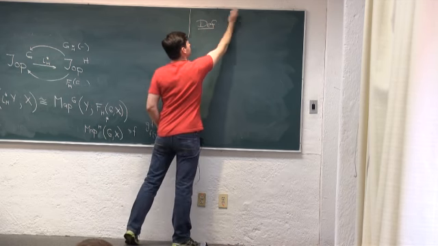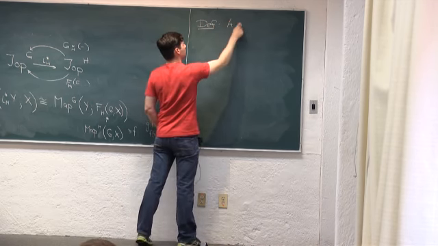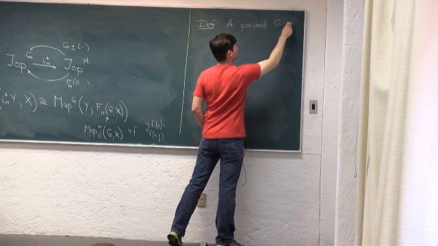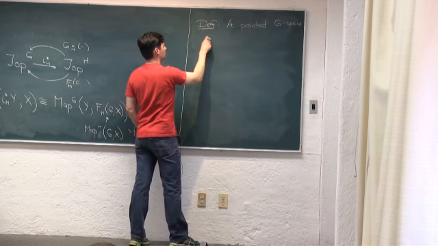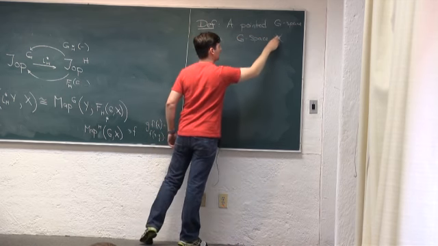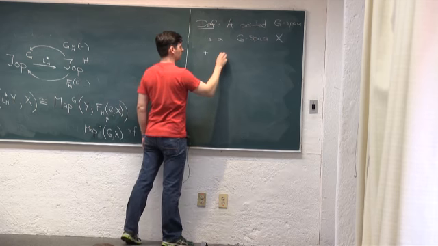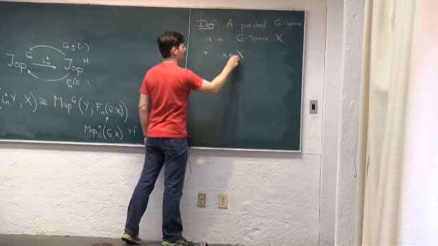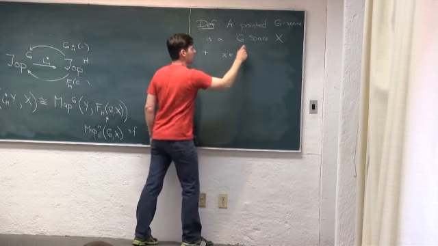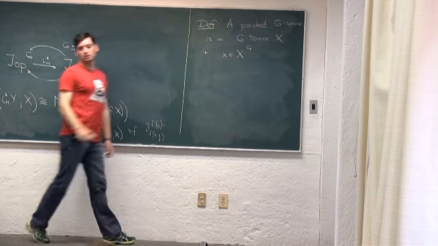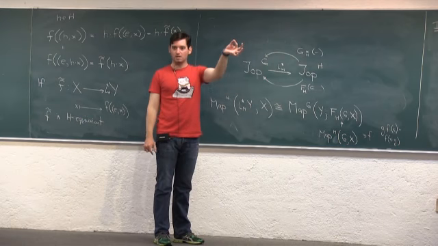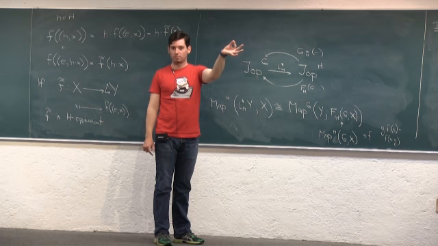I'm going to say that a pointed G space is a G space X together with a point little x that's in the G fixed points of X. So in other words, when I talk about a pointed thing, I've specified a base point, as always, but I want that base point to be fixed by the action of the group.